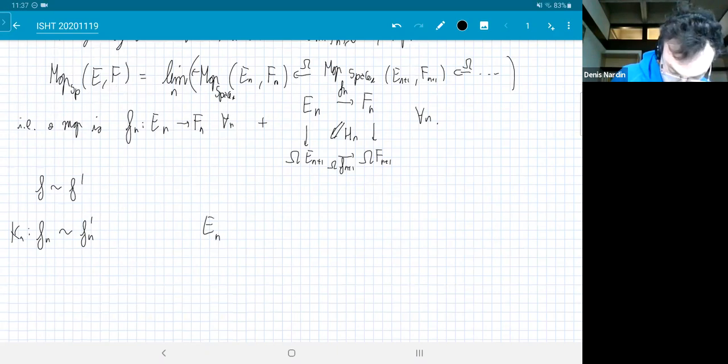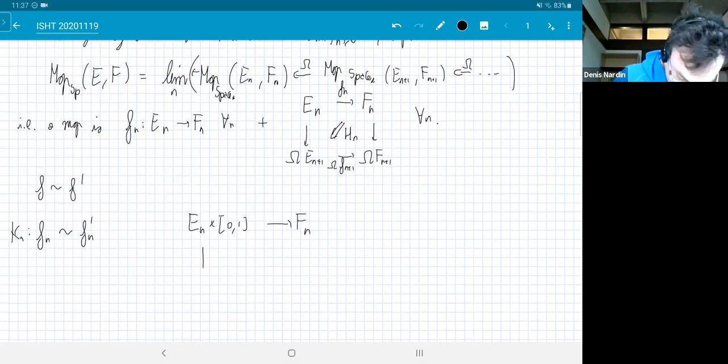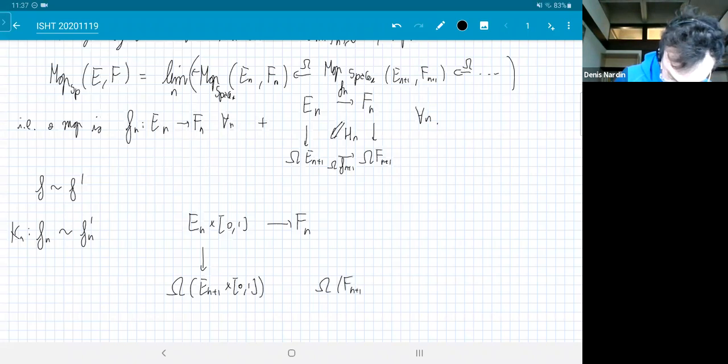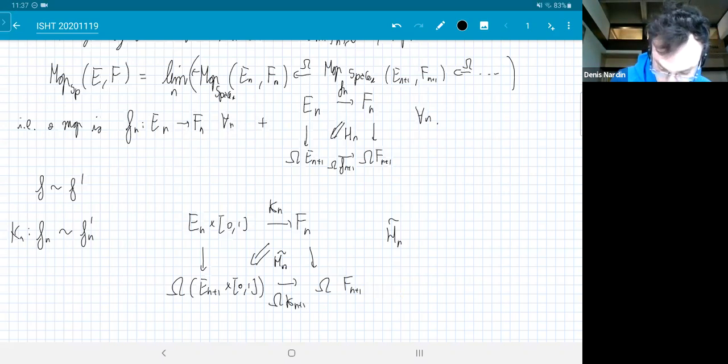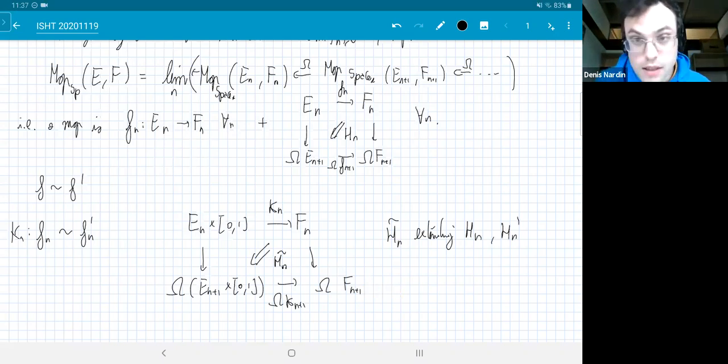And then you have Hn tilde such that, so this is Kn, this is omega Kn plus 1, and this is Hn tilde extending Hn, in the sense that when you restrict it to En times 0 and En times 1, this gives you the two homotopies.